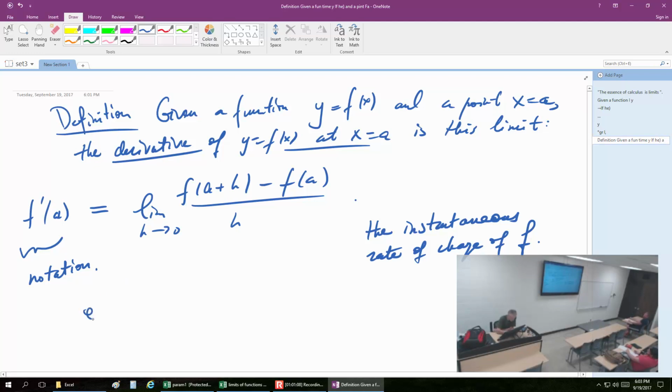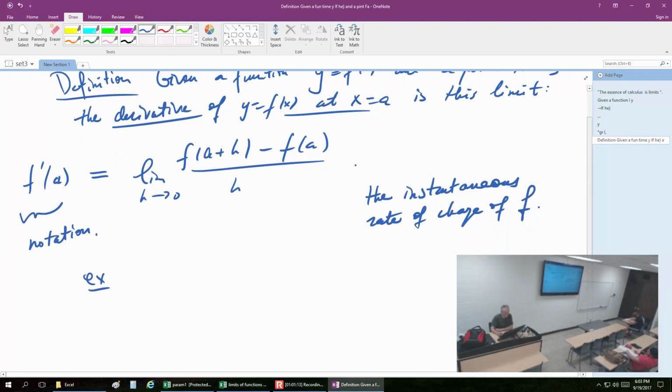Let me do maybe one more example of computing the derivative from the definition. Say, find f prime of a when f of x is equal to, well, let me give you something slightly more complicated. How about square root of x?